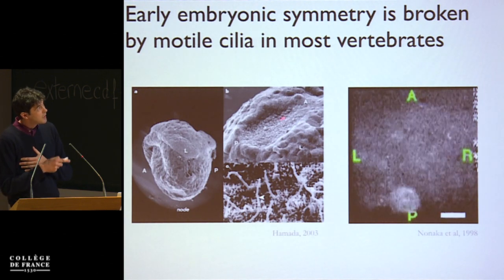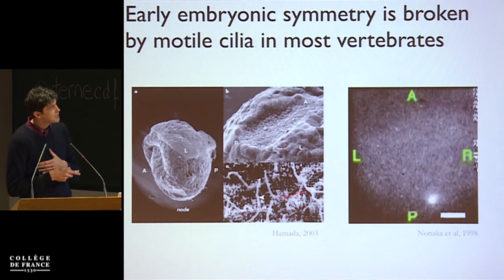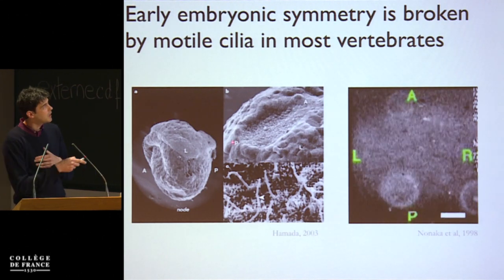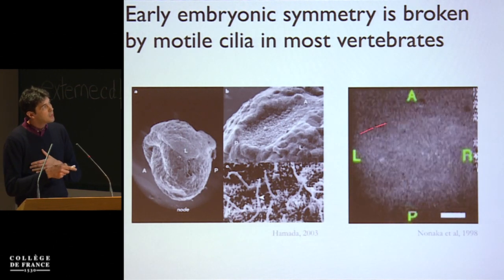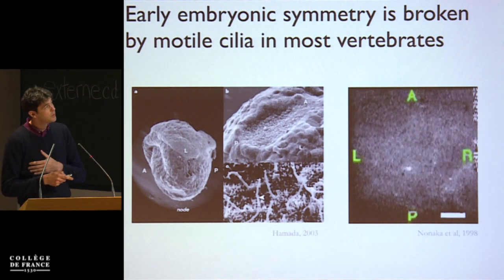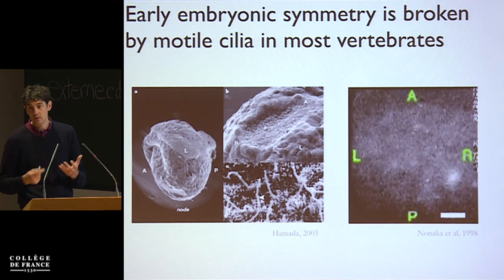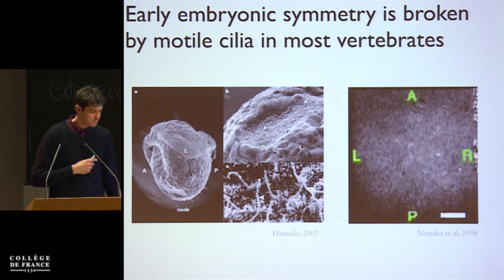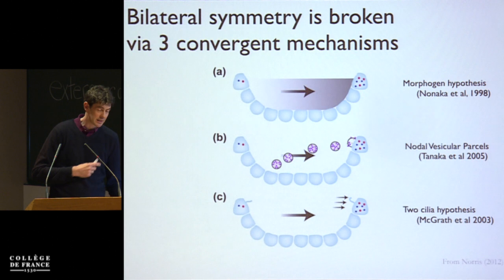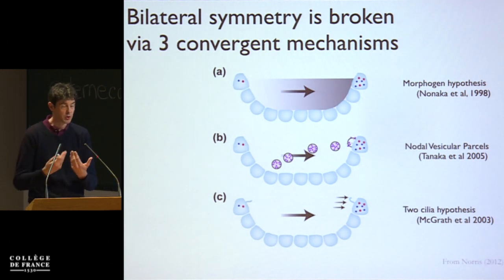And they could show that this node is ciliated, and it's actually a carpet of cilia which are all beating in a way that they create a flow which is directional and which will go from the right side to the left side of the node. And from this, they proposed different explanations as to how the initial axis of symmetry would be broken.